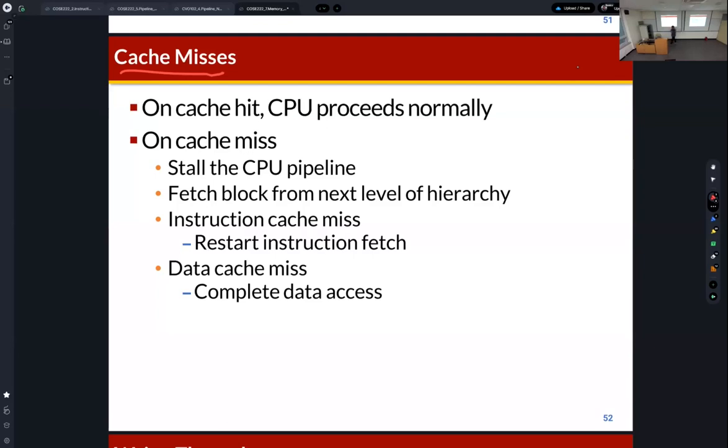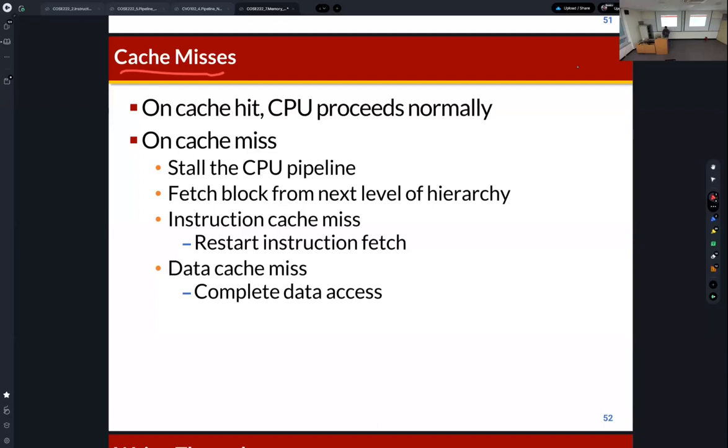Actually, in chapter 4, we assumed that the wanted data is always found in the data memory or instruction memory, right? So we did not consider any misses. But this time, I mentioned that those memories are level 1 caches, which means the data may or may not be found in the level 1 instruction cache or level 1 data cache.